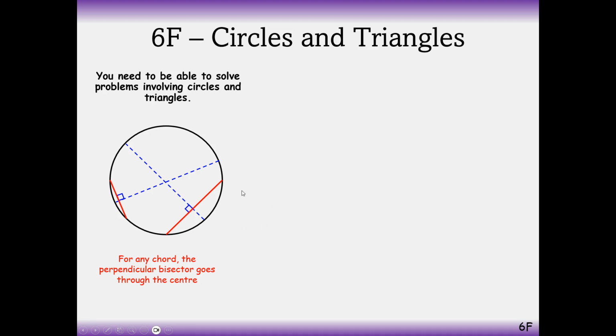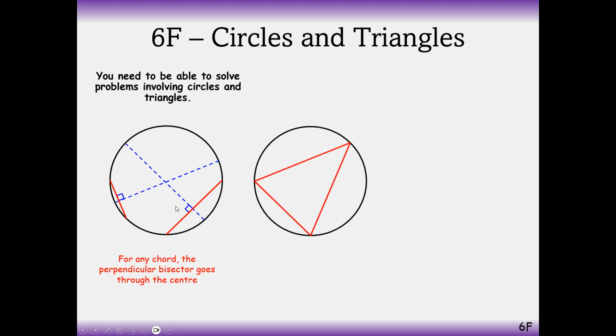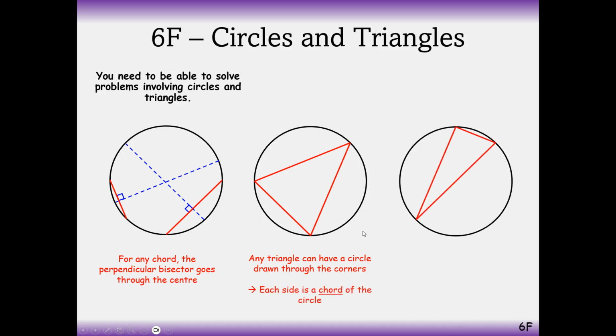So again, one more time, these two red lines are chords of the circle, and their perpendicular bisectors meet at the center. Now, each side of the triangle you could consider as a chord, and if you've been told that one side of a triangle is the diameter of a circle, then what can you assume about the other two sides?